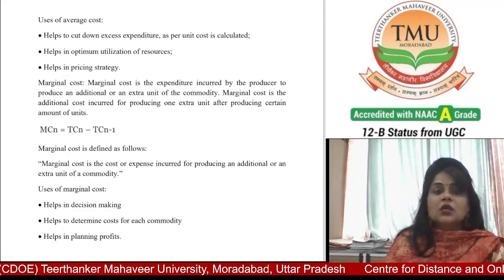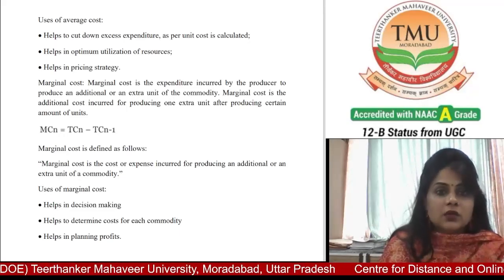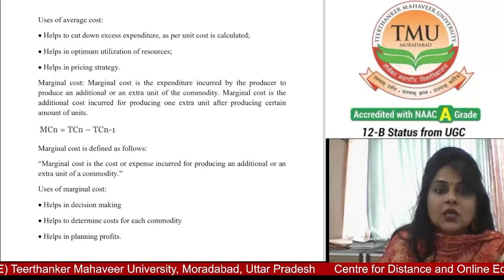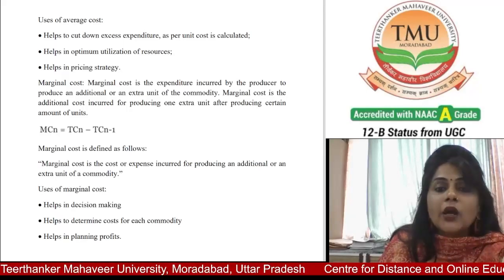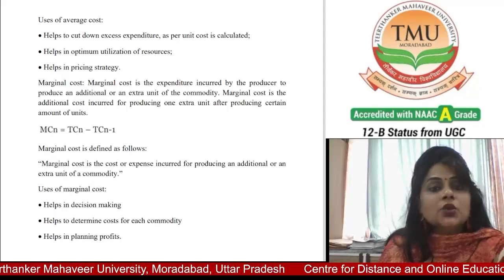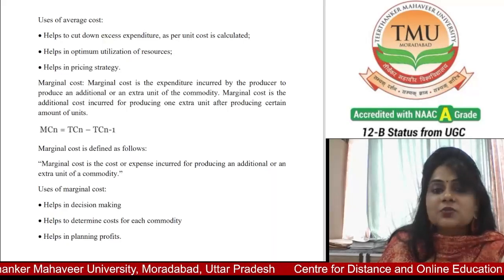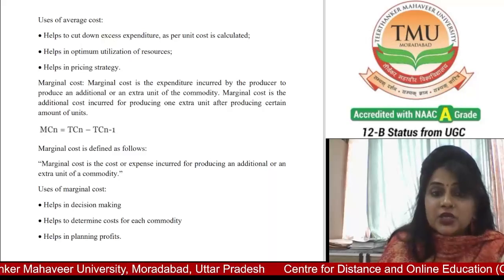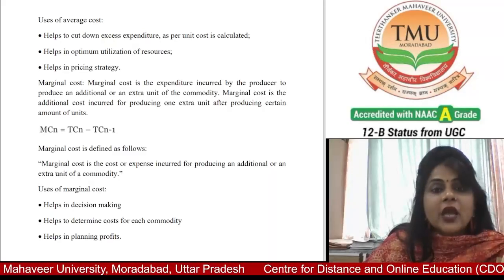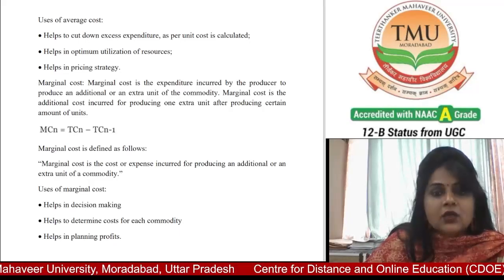And you can also see marginal cost is equal to change in total expenses divided by change in quantity of units produced. The change in total expenses is the difference between the cost of manufacturing at one level and the cost of manufacturing at another level.